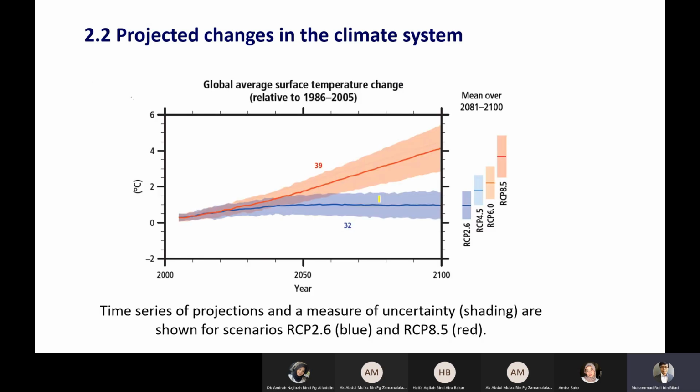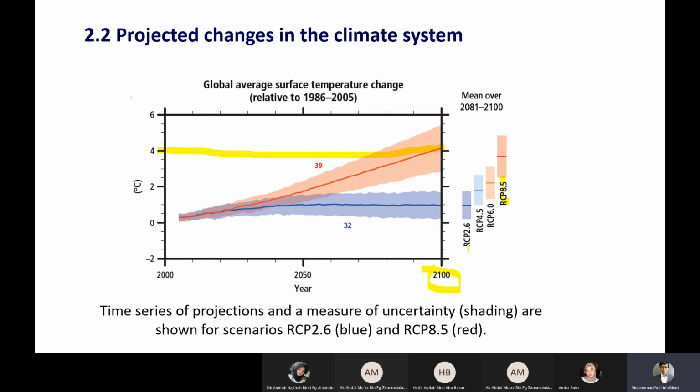For temperature, it really depends on the scenario. If we stick to the scenario RCP 8.5, it will lead to about 4 degrees Celsius above the reference in 2100.